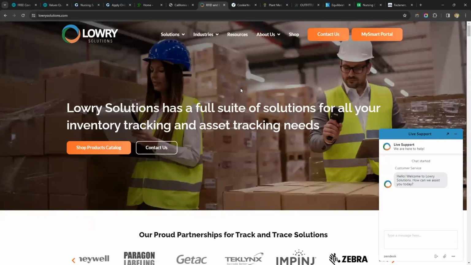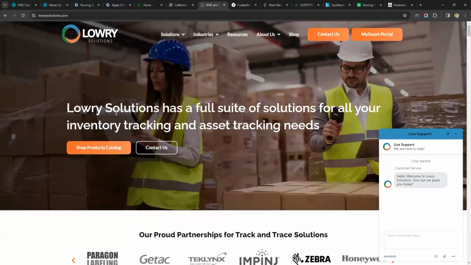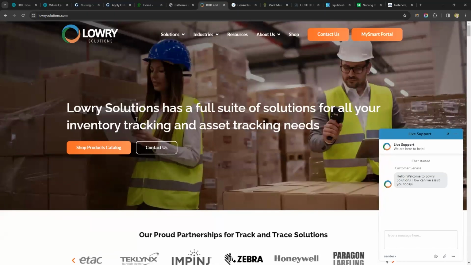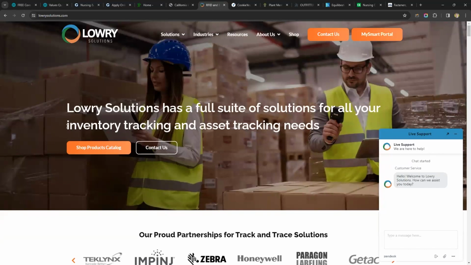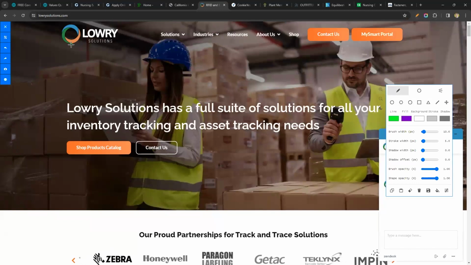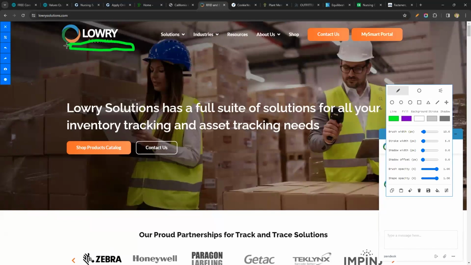I do love, by the way, that Lowry Solutions has a full suite of solution tracking for all your inventory tracking and asset tracking. I would beg you guys to put right underneath your logo, and there's a reason for this, inventory and asset tracking. And I think this is an online company, so maybe add since whatever the date is, or worldwide.